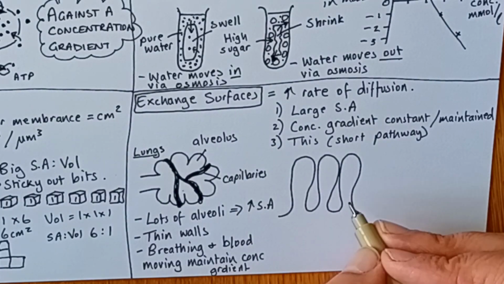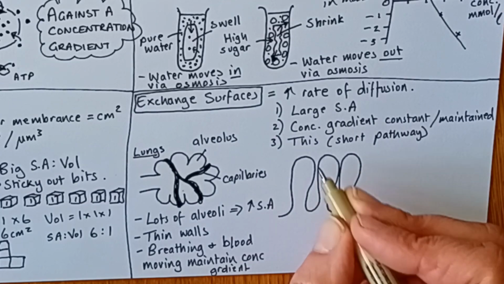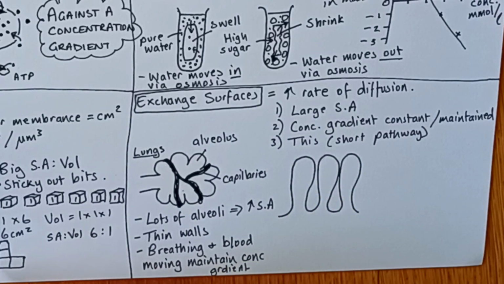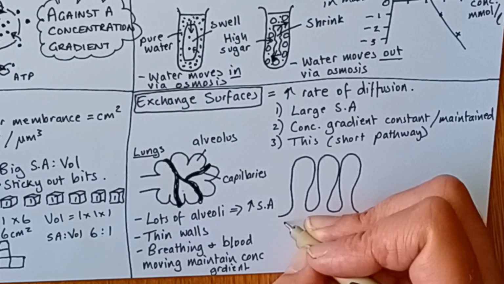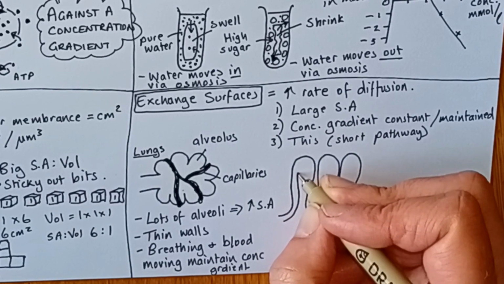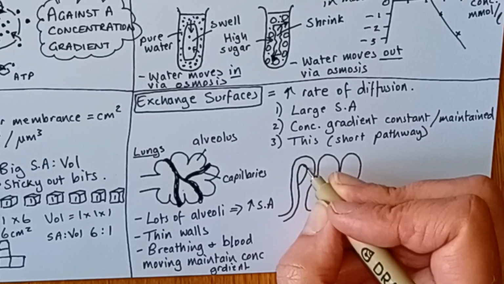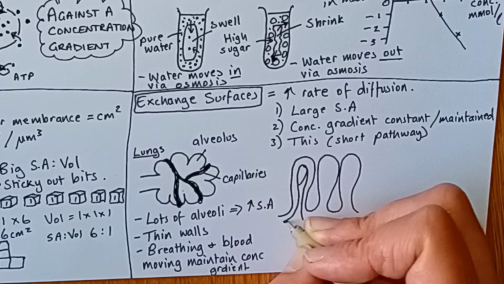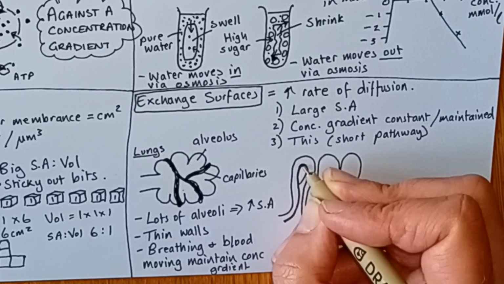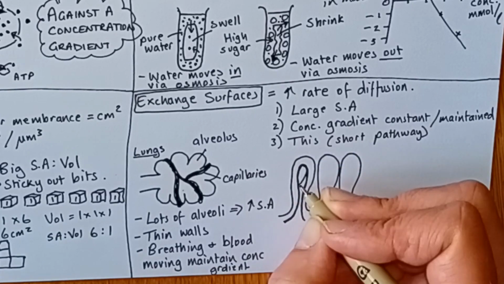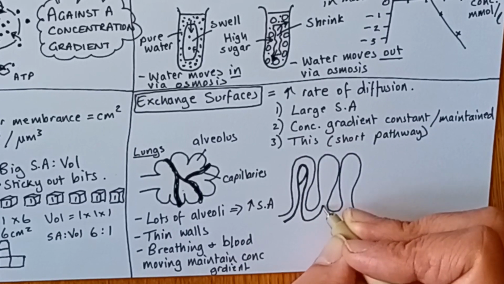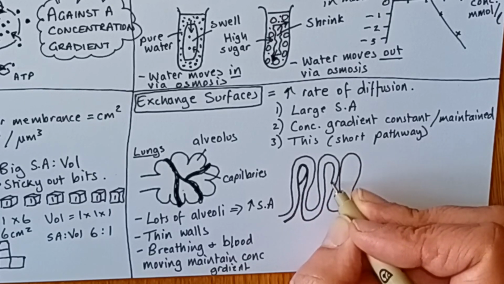And again, they've got lots of sticky out bits, so we've got lots of surface area. And this time the blood vessels are on the inside, not around the outside, like they are on the alveoli. But there's still a lot of blood vessels going up into those villi.